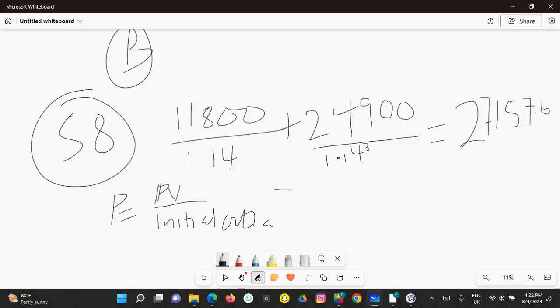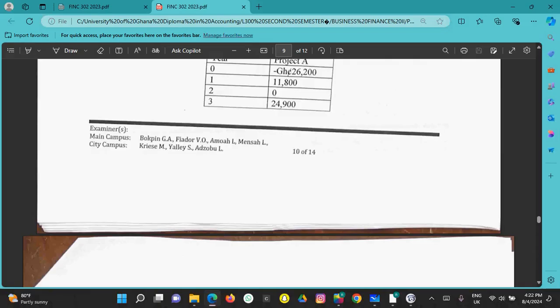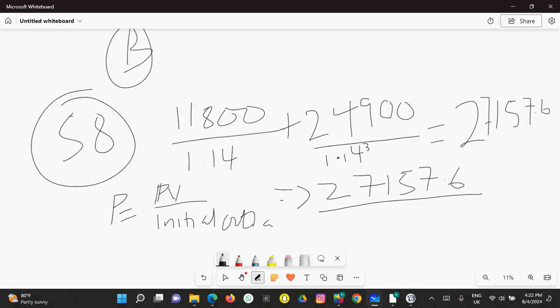The present value of the cash flow is 27,157.6. So let's divide it by the initial outlay, which is 26,200.